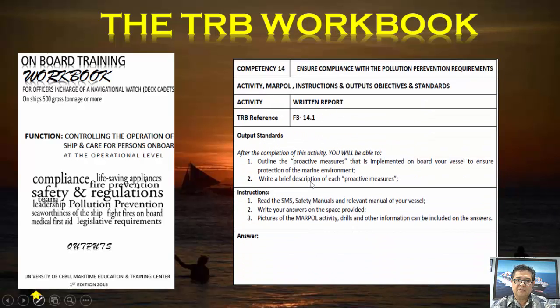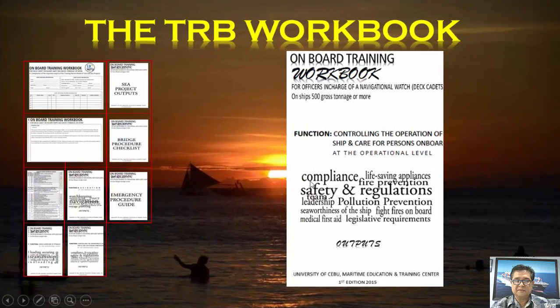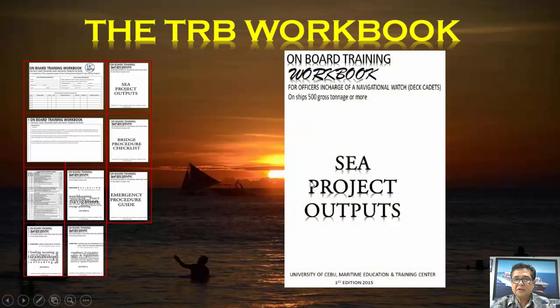And okay. So now let's go back to the workbook. Apart from the regular functions, competencies, there is also the sea project. The sea project that is required on your training record book. So in this workbook, there is already a place to make your sea project, to draw, to write.